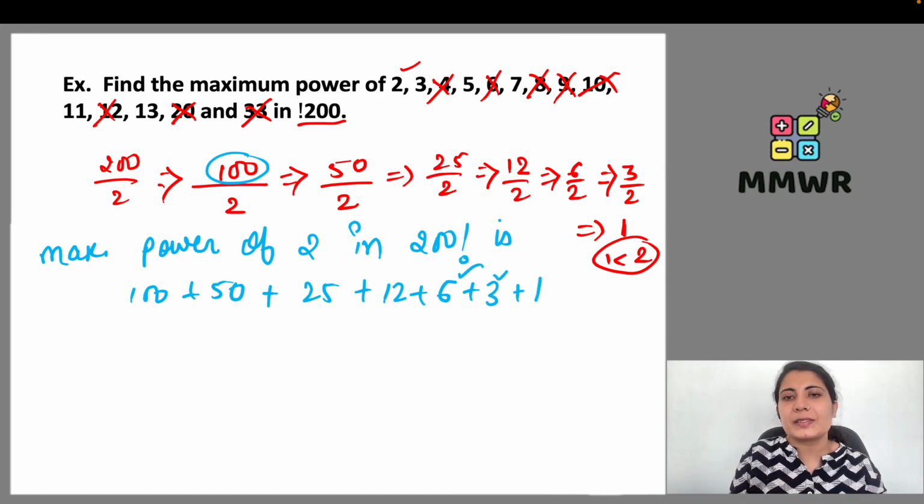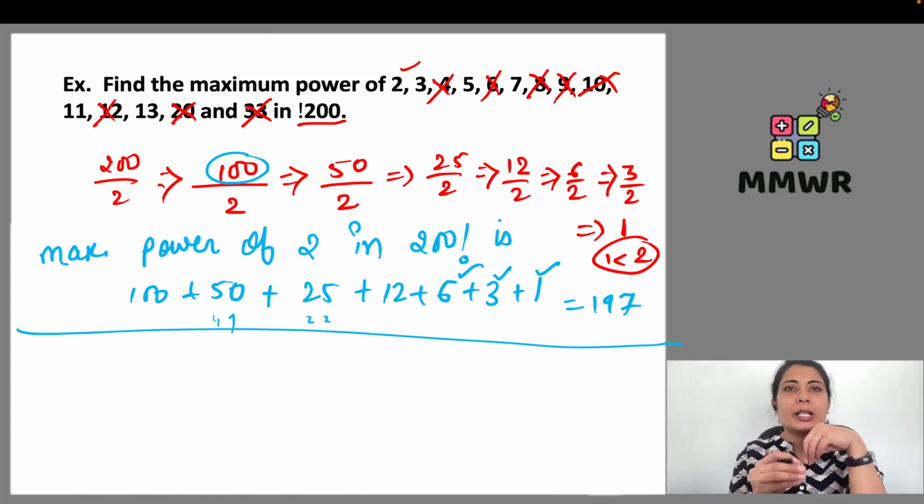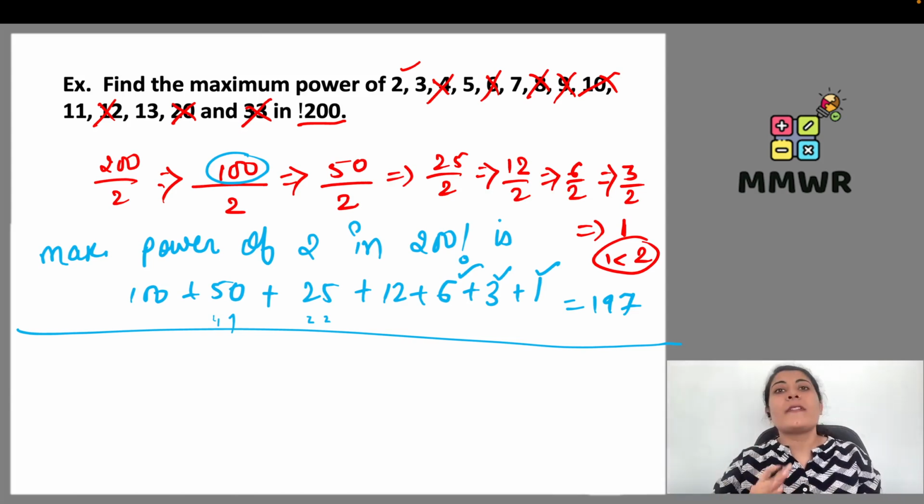Let's quickly add. 6 plus 3, 9 plus 1, 10. 10 plus 12, 22. 22 plus 25 is 47. 47 plus 50 is 97. 97 plus 100, 197. That means जो भी ये नंबर है 200 फैक्टोरियल, वी डोंट नो कि 200 मल्टीप्लाइड बाय 199 मल्टीप्लाइड बाय 198 टिल 1 व्हाट वी विल बी गेटिंग. बहुत बड़ा नंबर मिलेगा. जब उसको फैक्टराइज करेंगे उसमें 2 की पावर क्या होगा, 197.